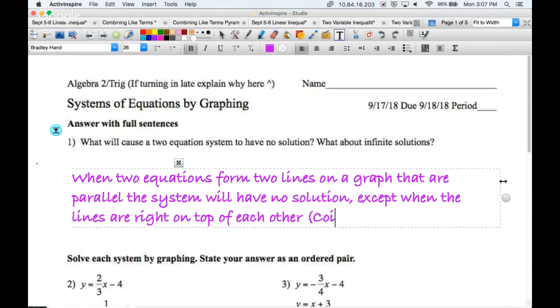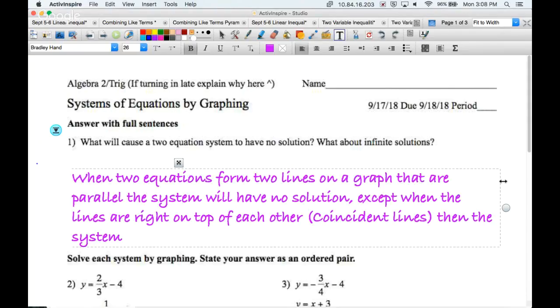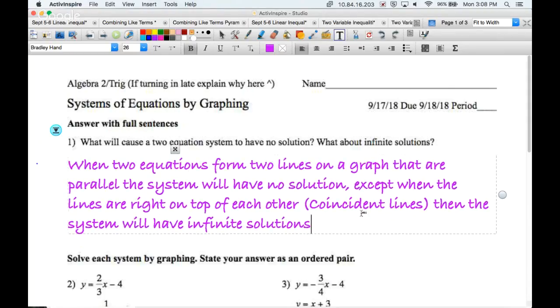Those are called coincident lines. Then the system will have infinite solutions. All right, so that's what is causing a two-equation system to have no solution.